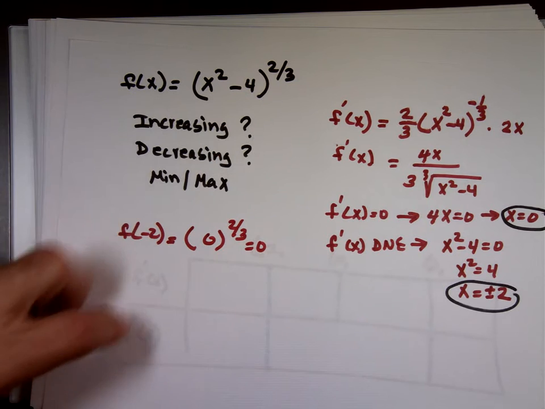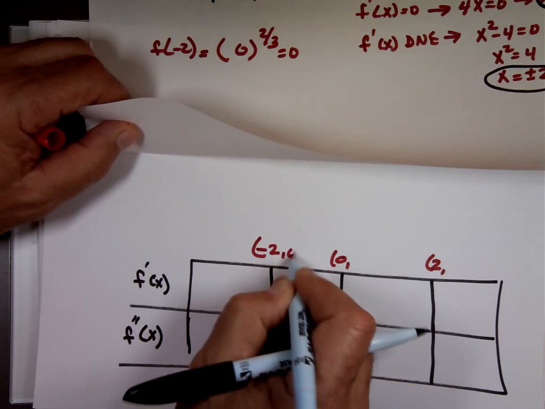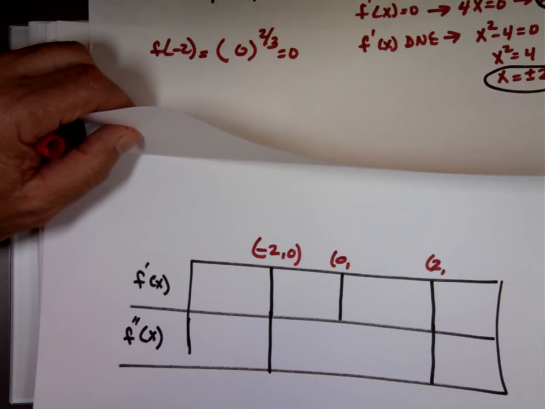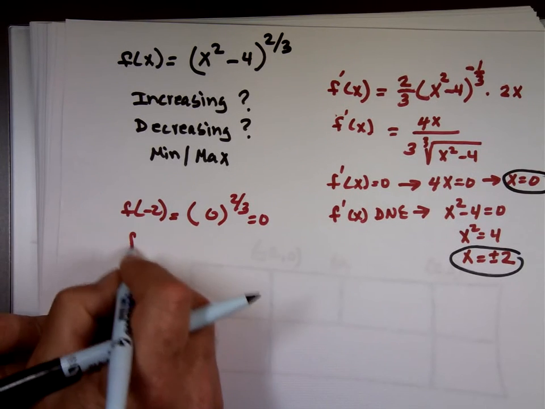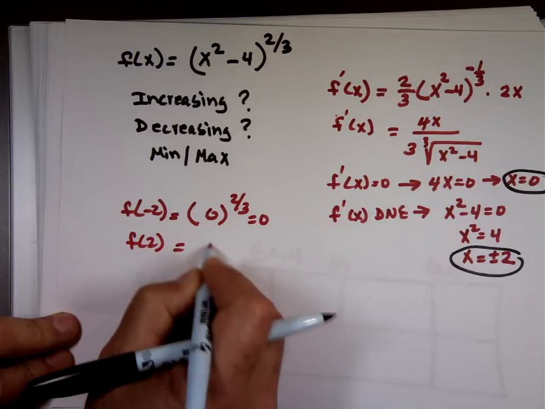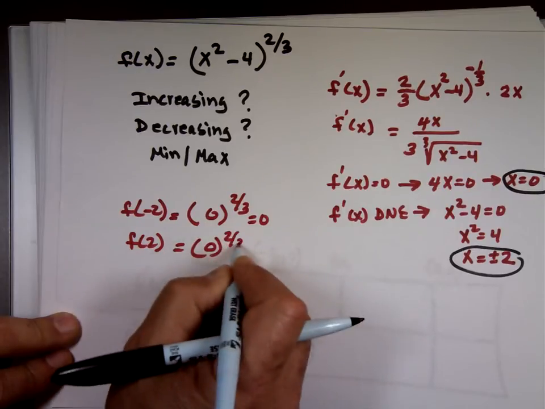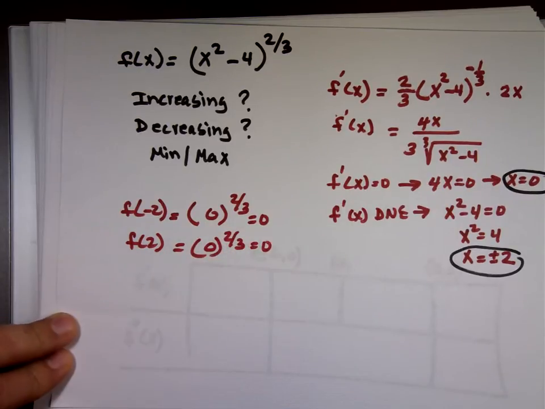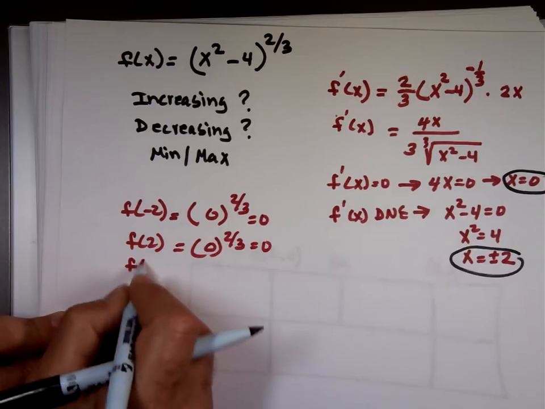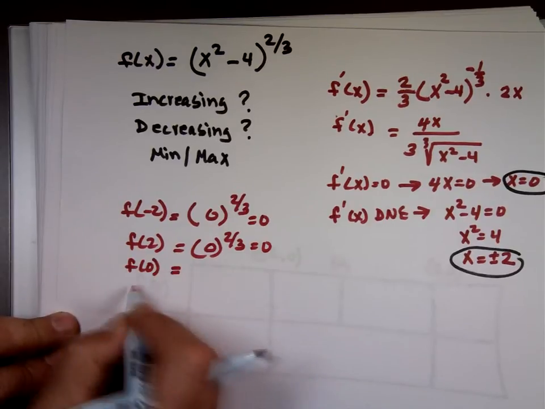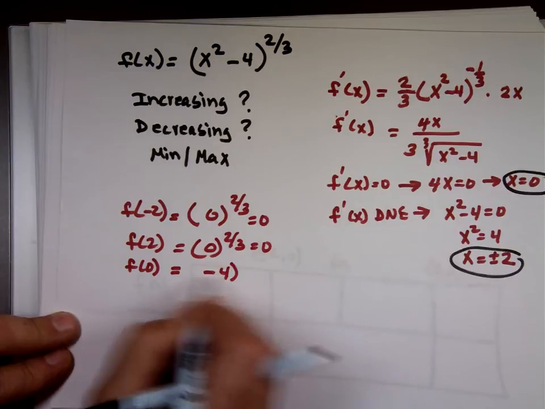So the y value here is 0. For the 2 it is also 0. What's f of 2? 0 to the power of 2/3. 0. And the last one, what's f of 0?